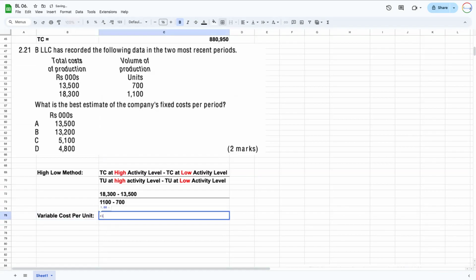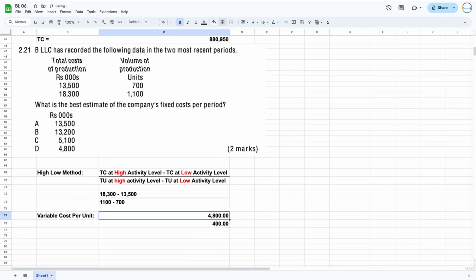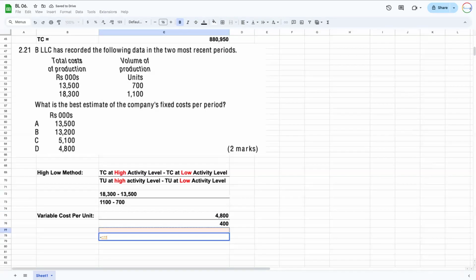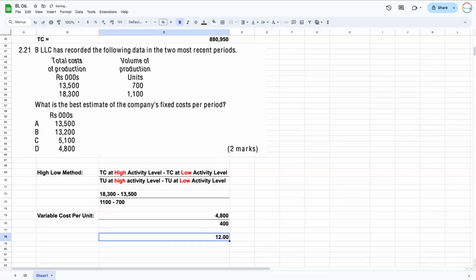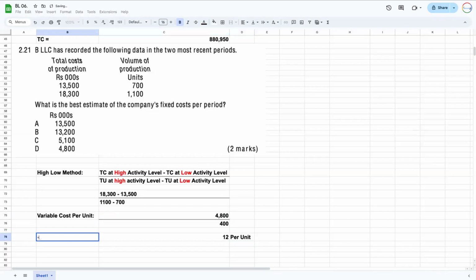That is going to be 18,300 take away 13,500, which is 4,800. This 4,800 divided by 1,100 take away 700, which is 400. So 4,800 divided by 400, we can get 12. So 12 per unit is the variable cost per unit.